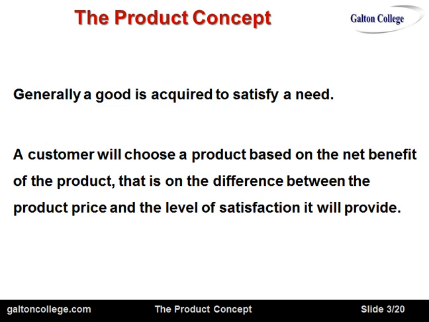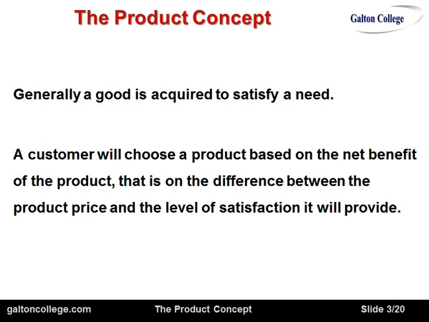A customer will choose a product based on the net benefit of the product. That is, on the difference between the product price and the level of satisfaction it will provide. This is basic economics. If I pay £1 for a product, that means I prefer the product to the pound.